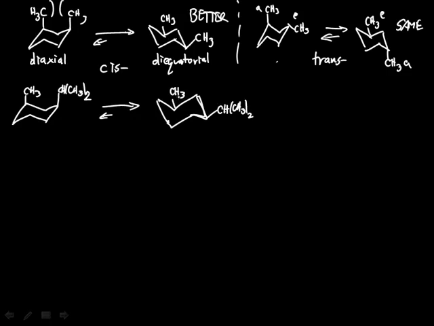But if they are in a position that they cannot both be equatorial, then what will happen is that the bigger group will be equatorial and the smaller group will remain axial. If we look at the 1,2 isomer for example, this now has an axial methyl and equatorial isopropyl.